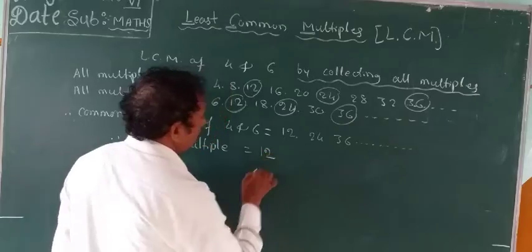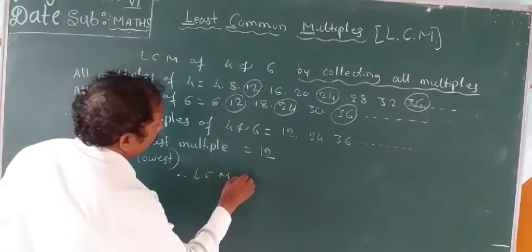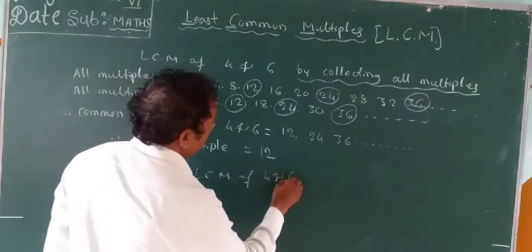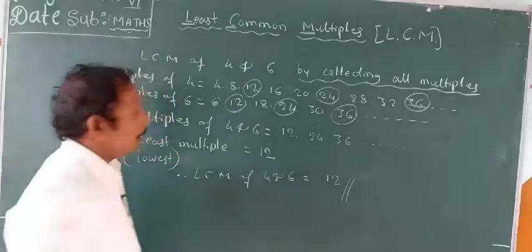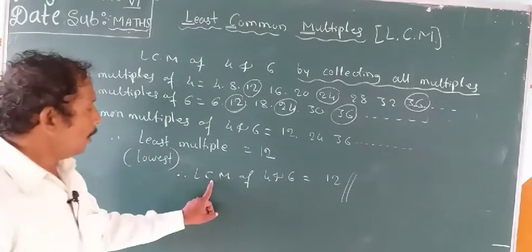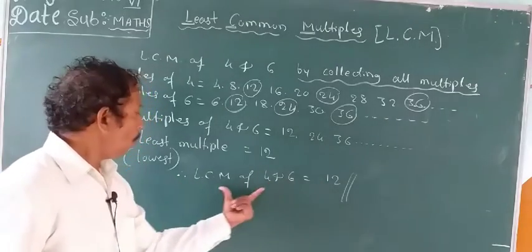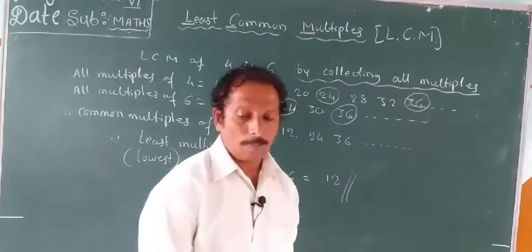It is 12. Therefore, LCM of 4 and 6 is equal to 12. Now we got the least common multiple of 4 and 6, 12. We found LCM of 4 and 6 by collecting all multiples.